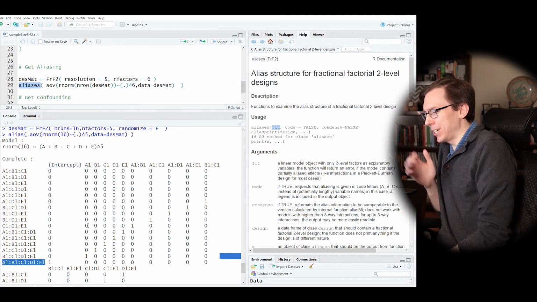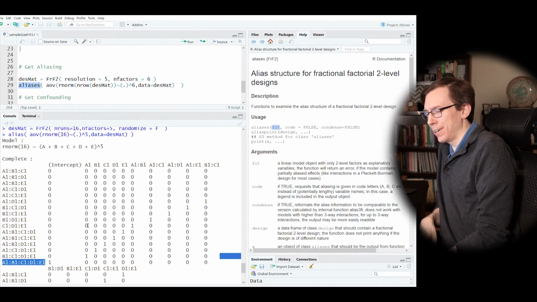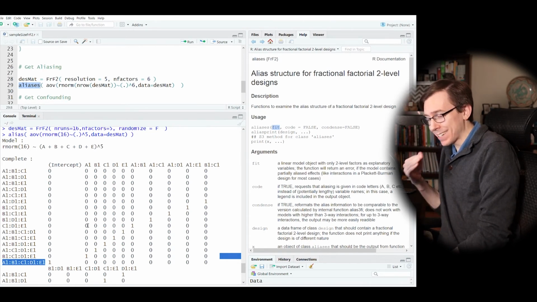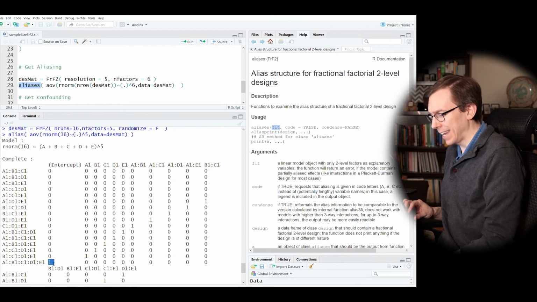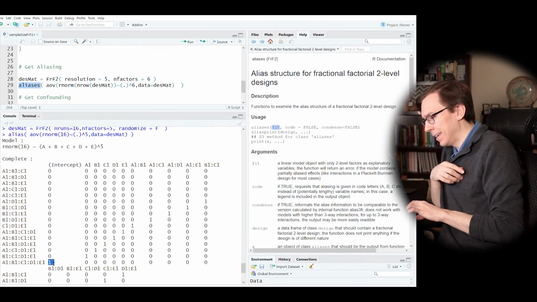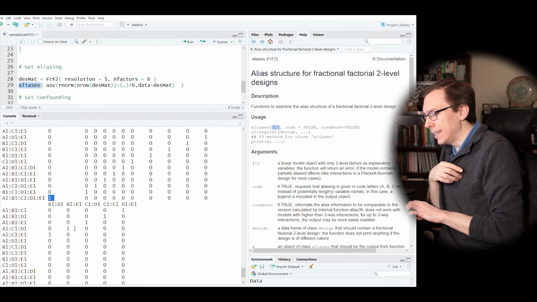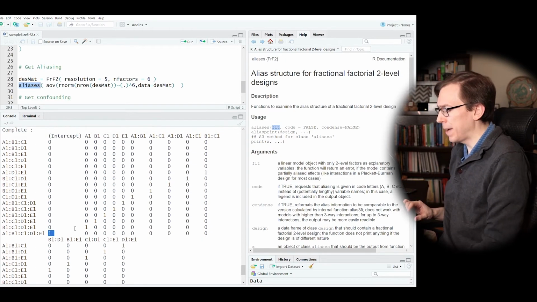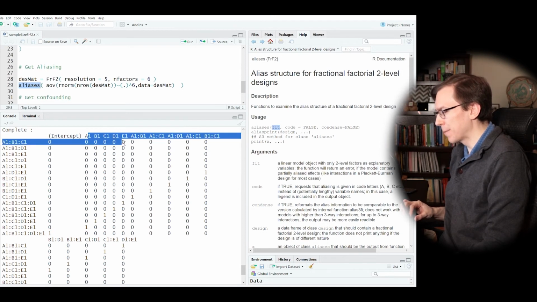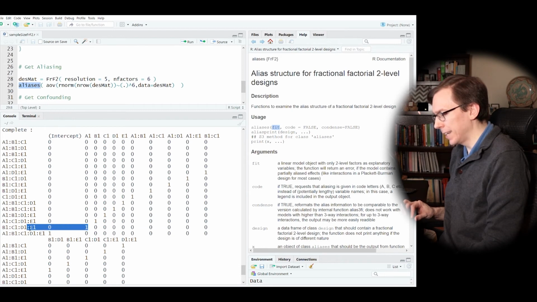So the function FrF2 is smart enough to know, if I have a 2 to the 5 minus 1 design, the best thing I can do is just alias the 5-way interaction with the identity, in this case, the intercept term. In this case, I think there's not much more to say. We can look down the main columns and say, we have all our main effects here, A, B, C, D, and E, and we can find out that they're all aliased with 4-way interactions, and so on.